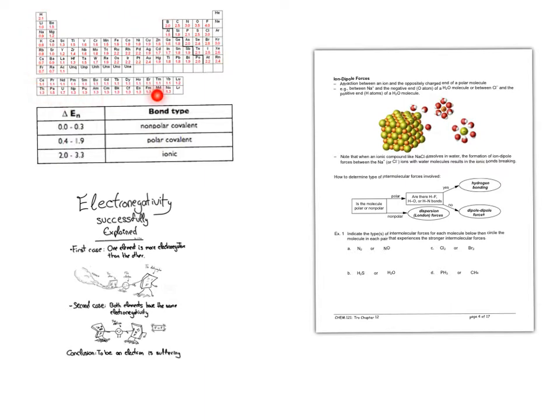Here's a periodic table with all the electronegativities of all the elements. Remember we're talking about combining an X atom and a Y atom into a bond with each other. Are they going to be sharing evenly? Are they going to be sharing unevenly, or is one going to take the electron and the other one give it up?